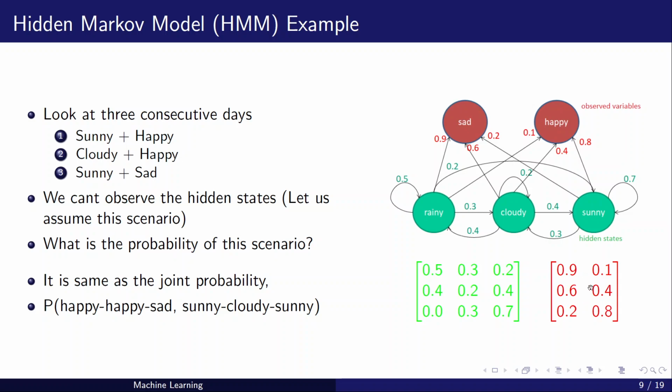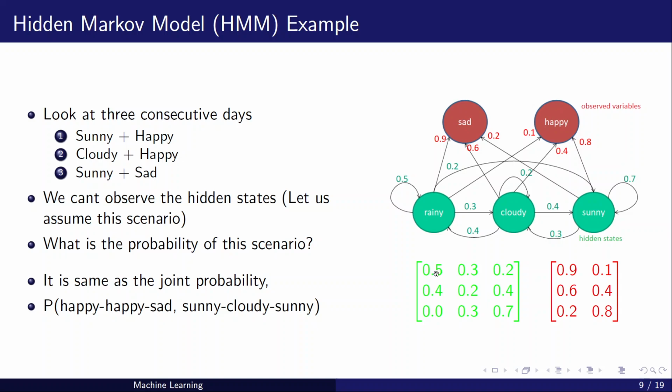So the red matrix represents the observable variables probabilities, and the green matrix represents the transition probabilities, which are hidden from us. The observable probabilities are available and the transitions are not.